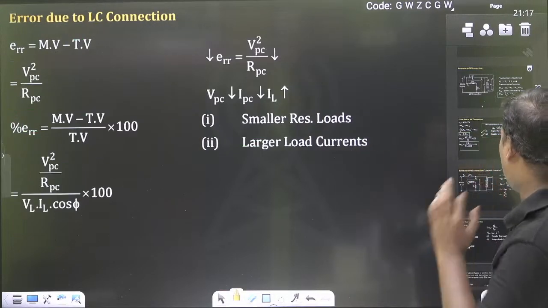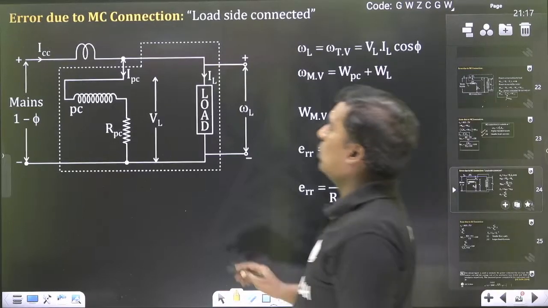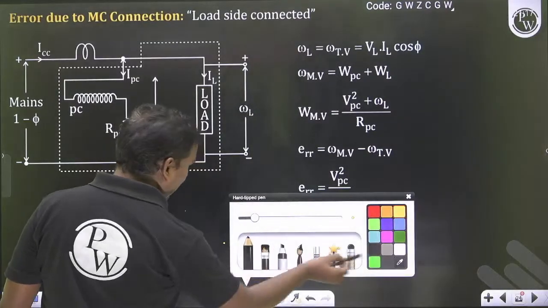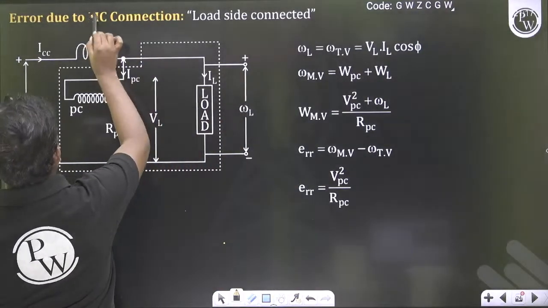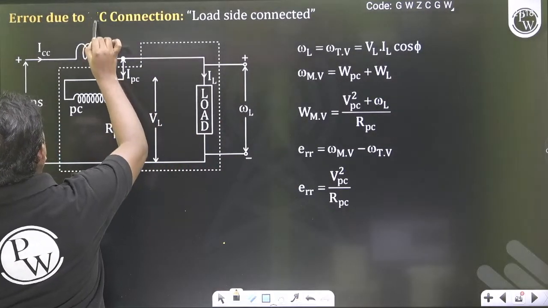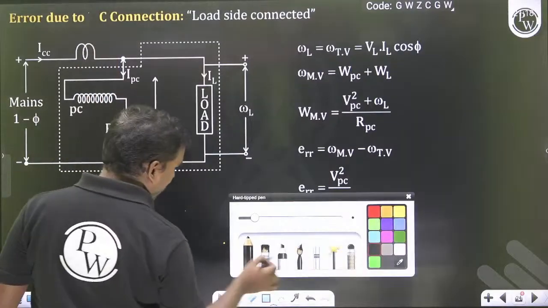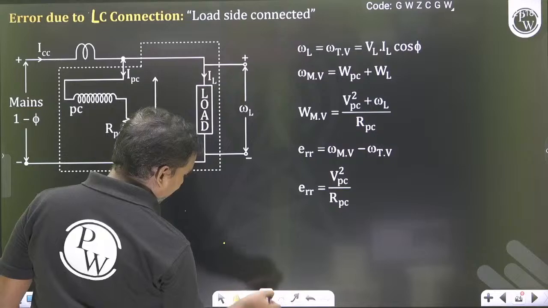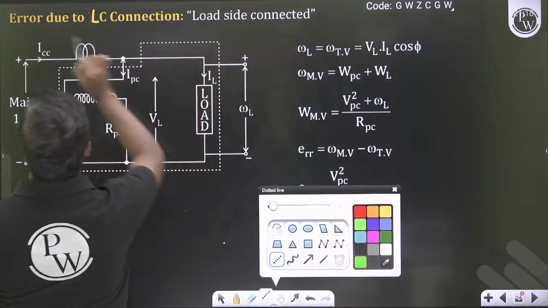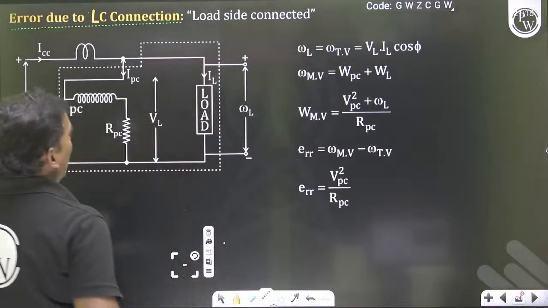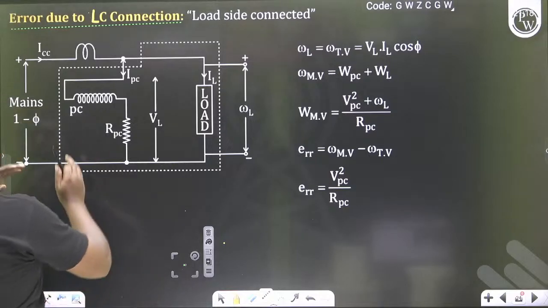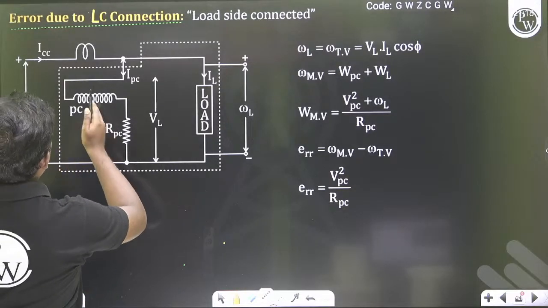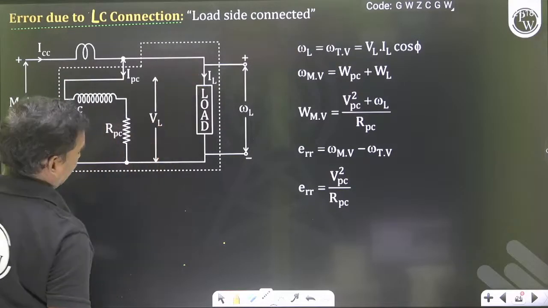So let us go for the error due to LC connection, load side connection. Error due to LC connection. Now this time the moving coil is connected to the load side. LC connection. That means pressure coil is connected to the load side.